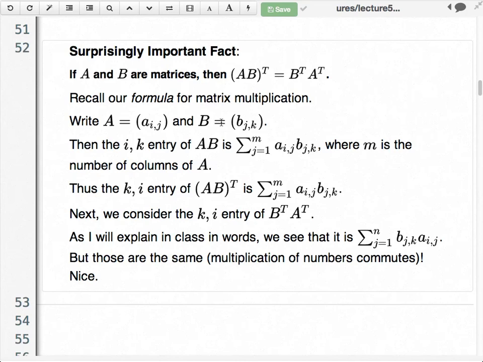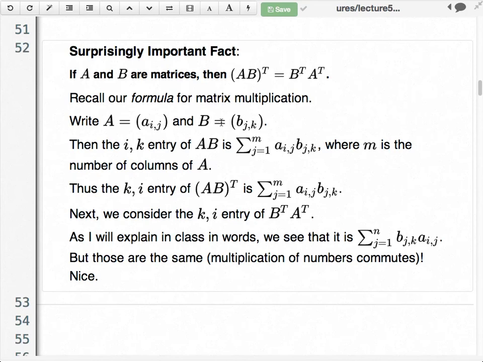We're going to try to figure out what the ik entry of both sides of this equation is. And if they are the same, then we'll prove that this equation is in fact an equation. We're really interested in two quantities, (AB) transpose, and B transpose times A transpose. Those are our two objects of interest, and we want to know what the ik entry of this is, and what the ik entry of that is.